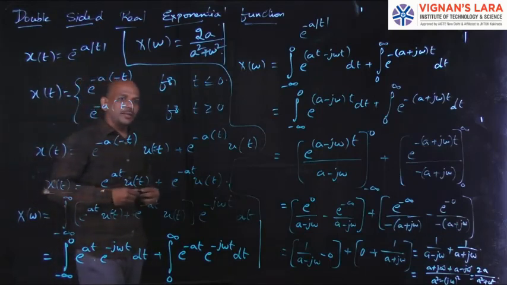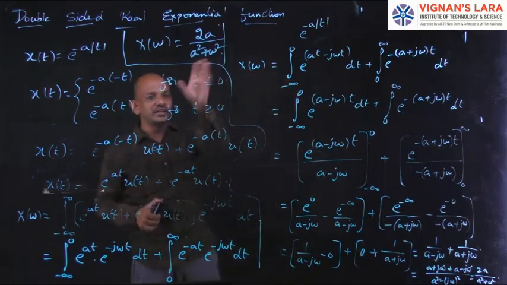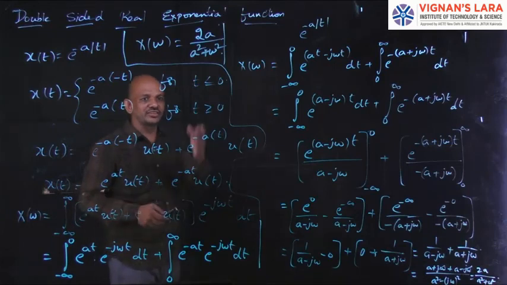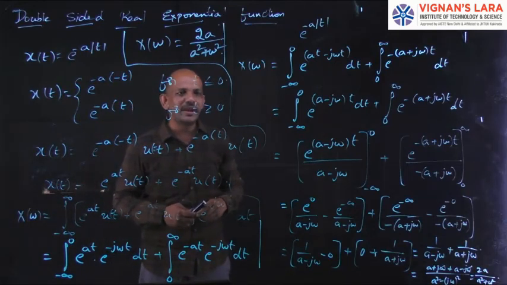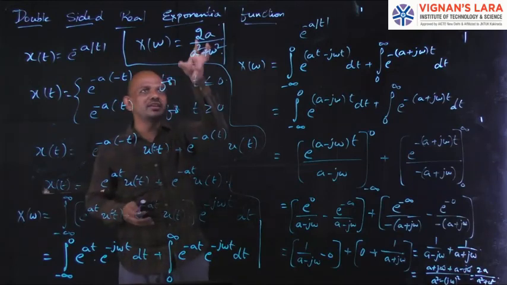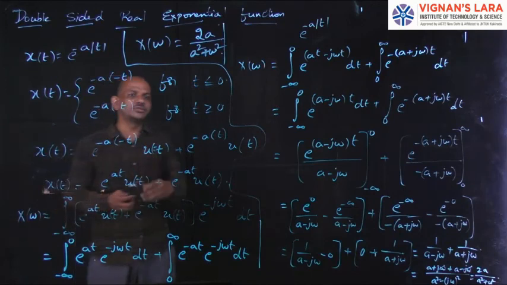Now I am giving you some small work, that is here you have to find out the magnitude spectrum and the phase spectrum for this one. Simply the magnitude spectrum is mod of X of omega. Here we have only the real part, there is no imaginary part, so it is very easy to draw the magnitude spectrum.